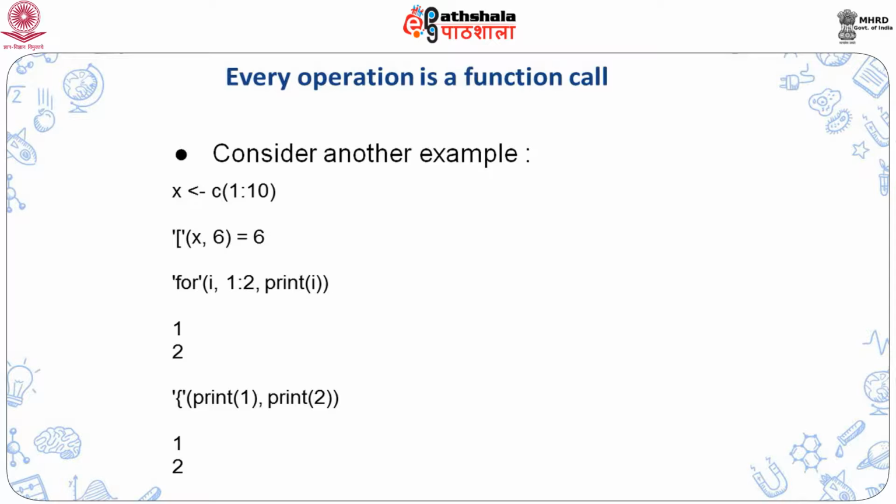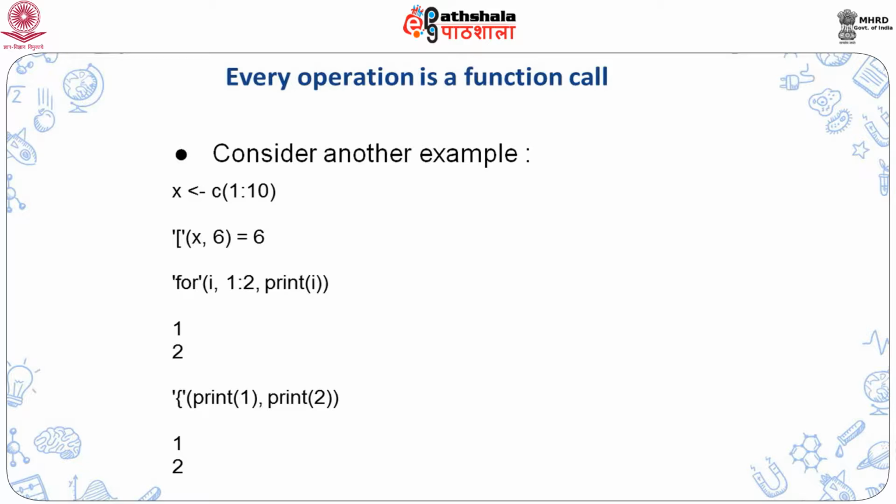Again, if we use for within that backtick, and in the for loop i takes the values 1 and 2, and we are required to print the values of i, then what do we have? We have 1 and 2 as the output.